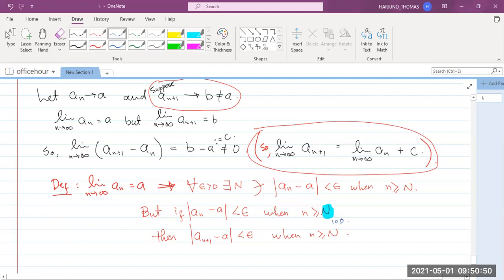So any n greater than 100, let's say the 101st term, 102nd term, 103rd term, must satisfy this requirement, right? Okay. Now, if the 101st term satisfies it, then the 102nd term also satisfies it.